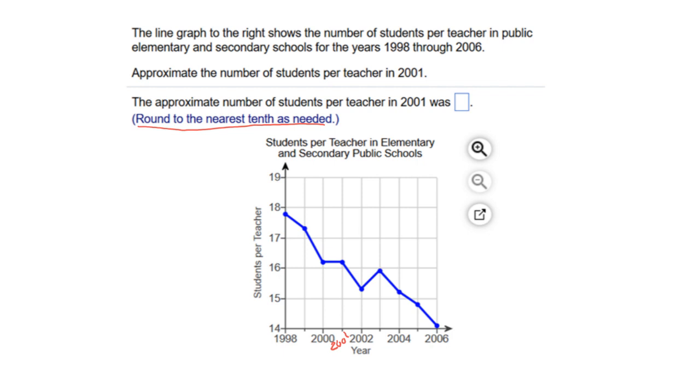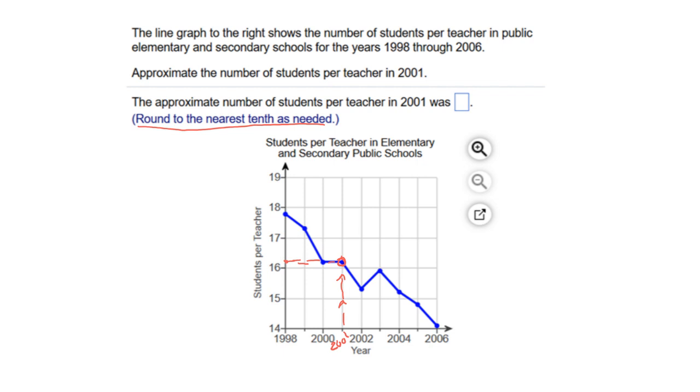And what we do is we find our year 2001 and we look vertically up till we get to our point that's on the graph. And now we're going to move straight to the left, drawing a little dashed line here. There we go. And so we're looking at what would be the y value if you had to estimate on here.